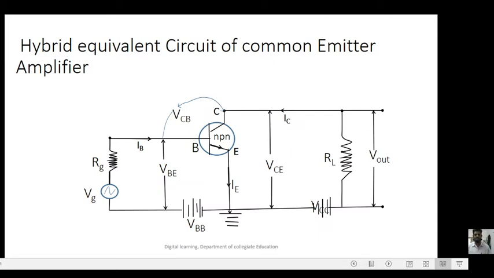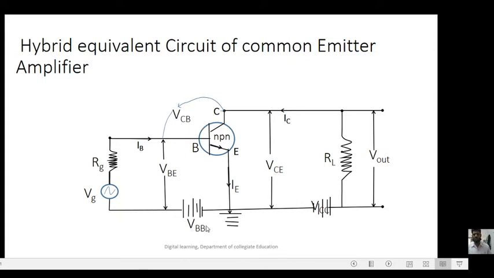Here the circuit is given. VG is the input signal, IB is the base current, and RG is the resistance through which the signal passes to the amplifier transistor. B is the base, E is the emitter, C is the collector. VCB is the voltage measured across the collector to the base.